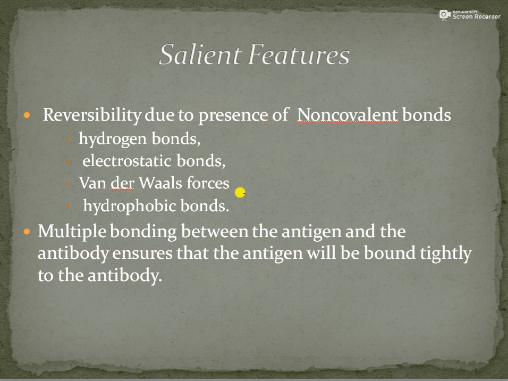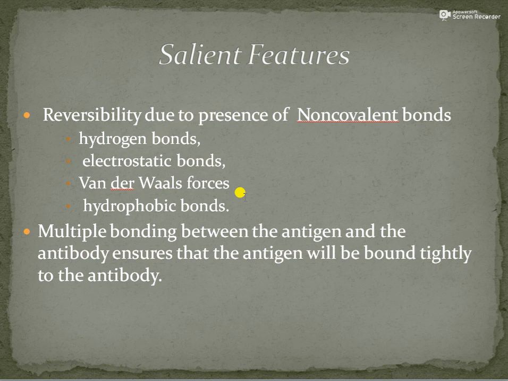Now coming to reversibility. Sometimes the reactions can be reversible. Reversible means that after binding, the binding can be undone, or nullified, so the situation of binding can be reversed to non-binding.